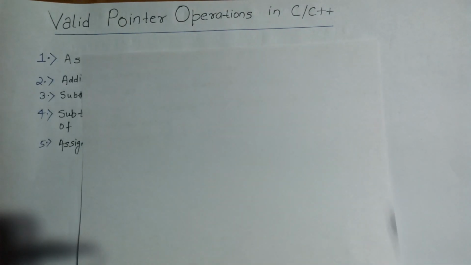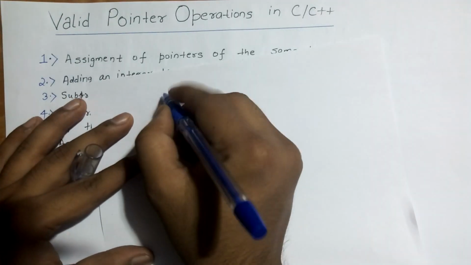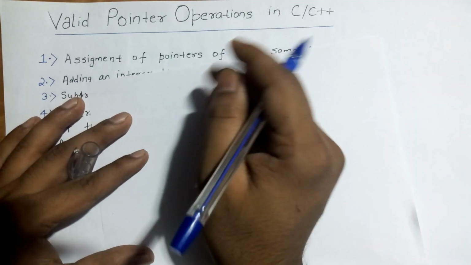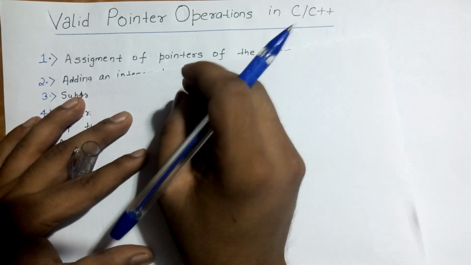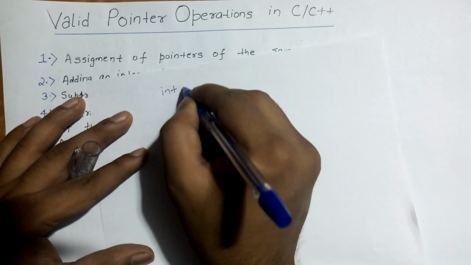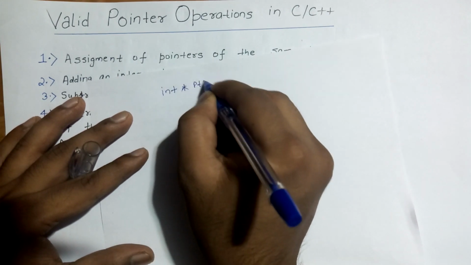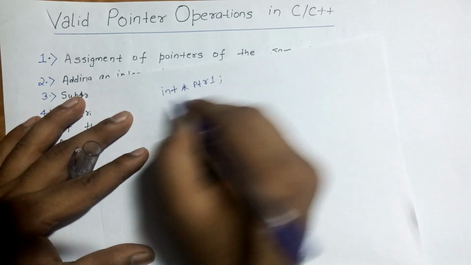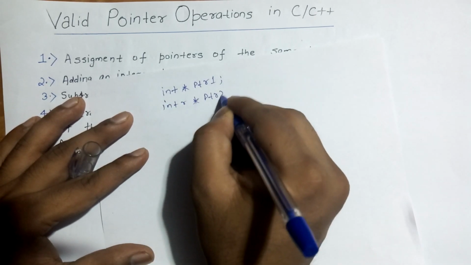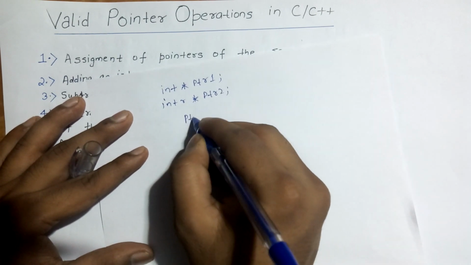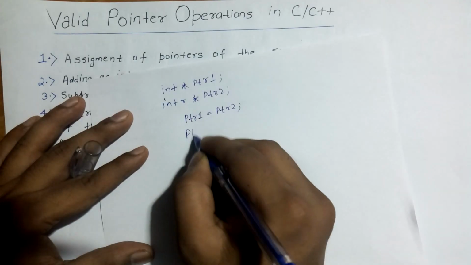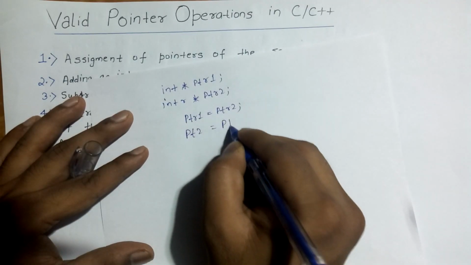What it means is that if you have two pointers of the same type, that is, both pointers are pointing to the same data type variable, say a pointer of type int star ptr1 and another pointer variable int star ptr2, then you can assign ptr1 to ptr2 or ptr2 to ptr1.